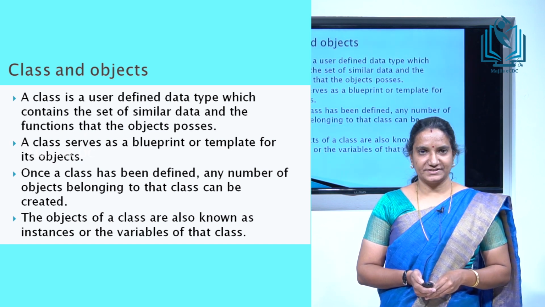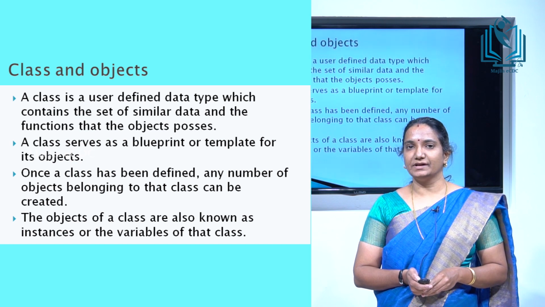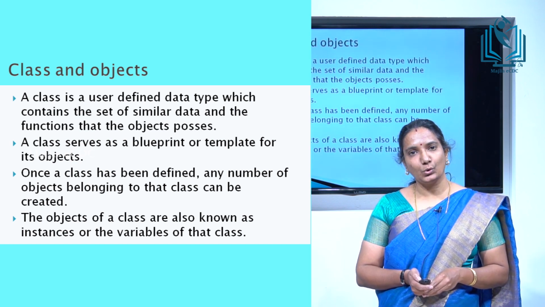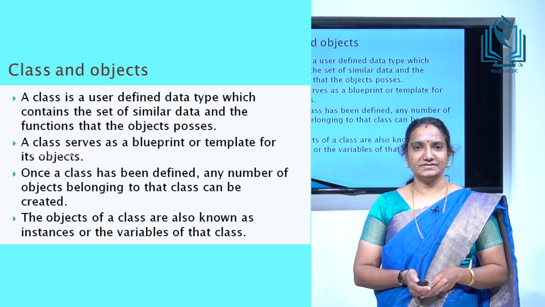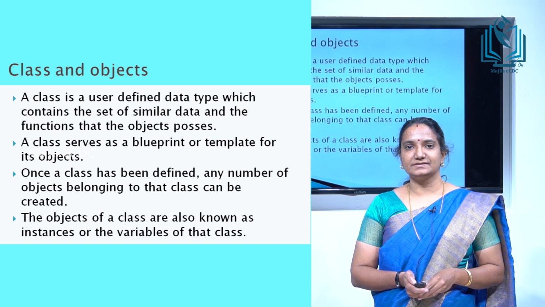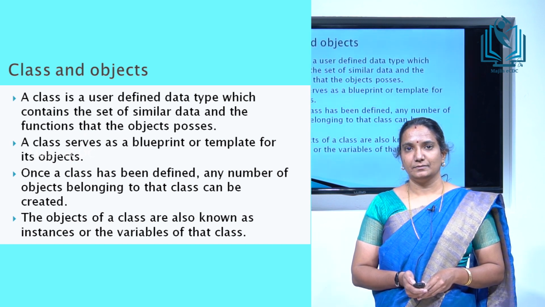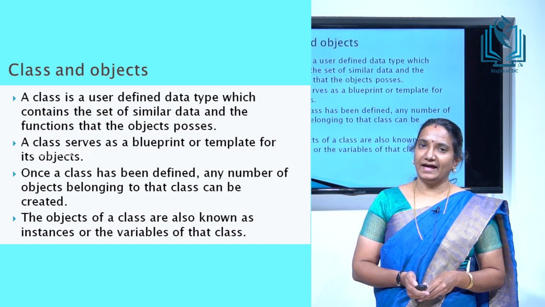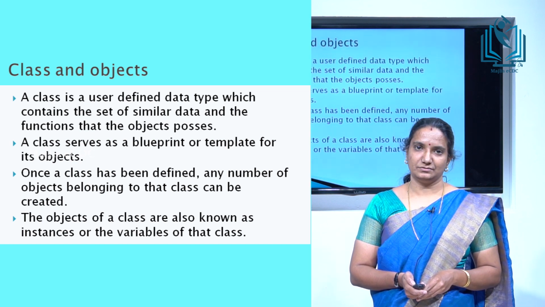Next, objects. In this real world, millions of objects exist. Each object has its own identity. Based on this, we can categorize them under different groups based on their properties and the functions performed by them.